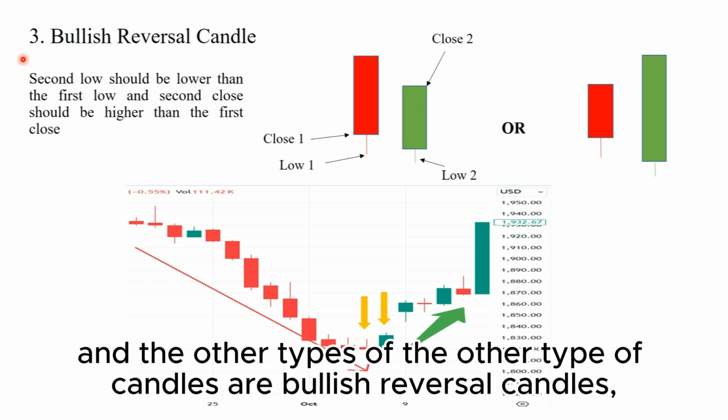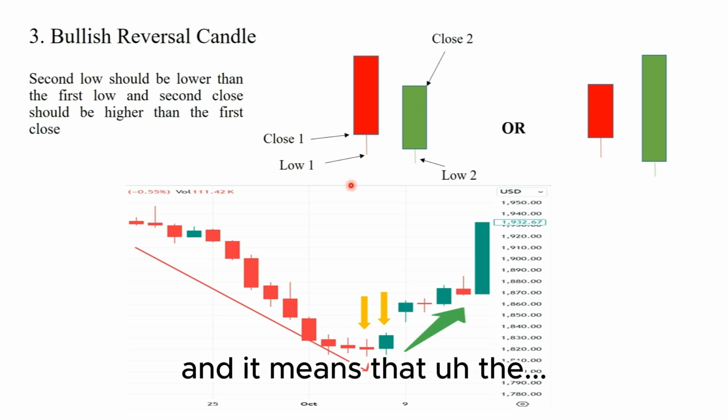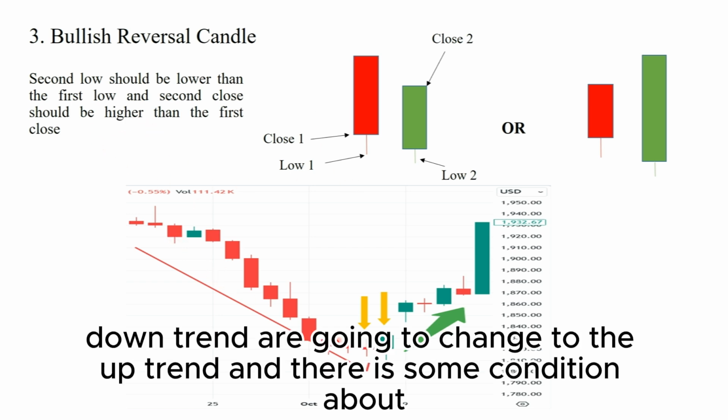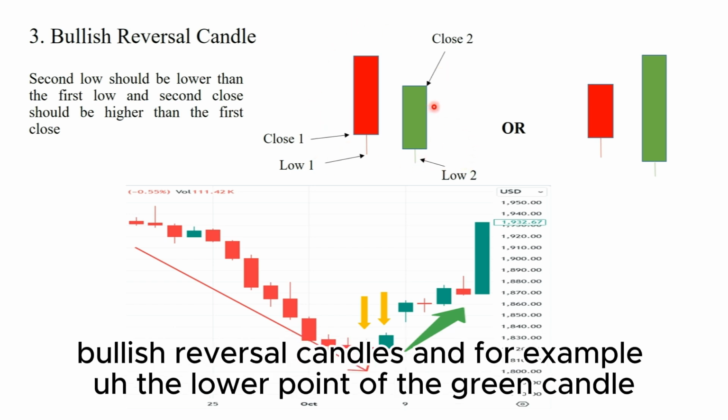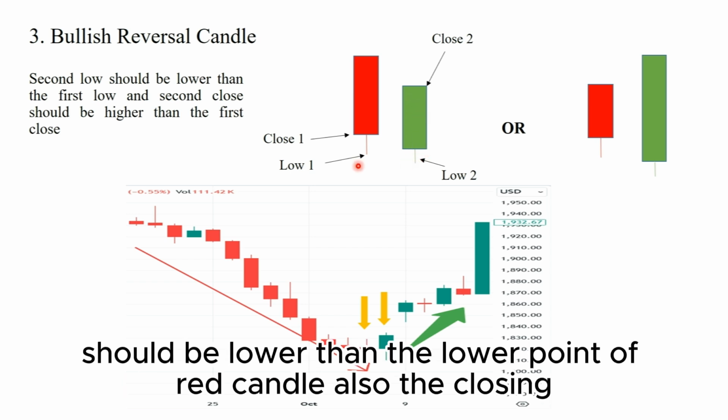And the other type of candles are bullish reversal candles, and it means that the downtrend is going to change to an uptrend, and there are some conditions for bullish reversal candles. For example, the lower point of the green candle should be lower than the lower point of the red candle.